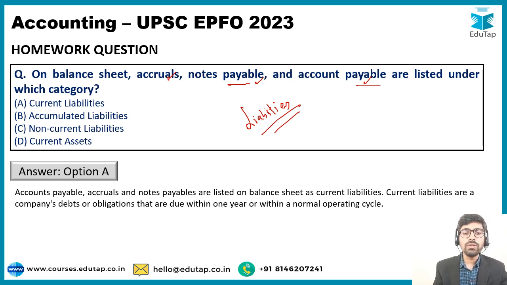So the correct answer is going to be option number A. So you should be aware कि what is the difference between current and non-current liabilities. और अगर आपको ये पता था तो I think बहुत ही easy होगा आपके लिए इस सवाल को आंसर करना. And you should also know कि जो payable होते हैं they are our liabilities, and if receivables is written in the question, then all the receivables are our assets. So this is the thing that you should know to answer this question.